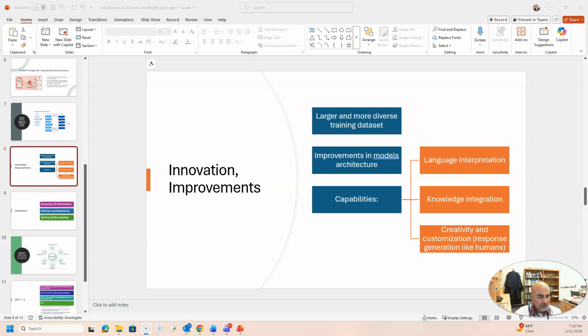Its architecture allows for language comprehension, it allows it to understand context and manage dialogues very effectively, generating human-like text responses.